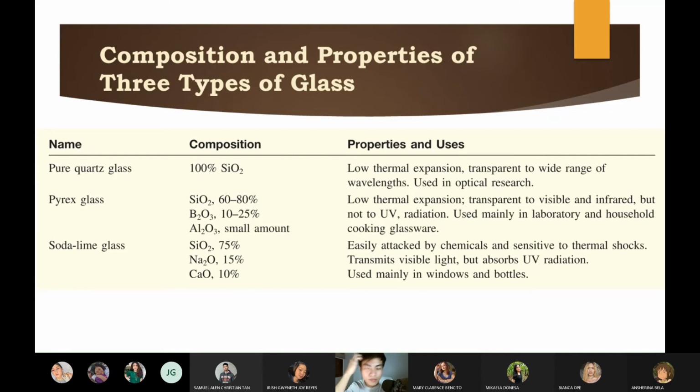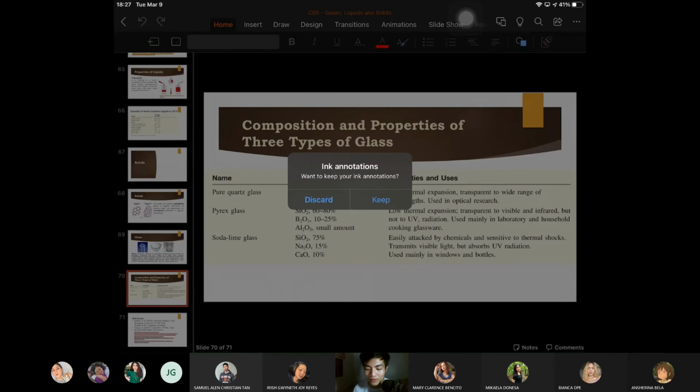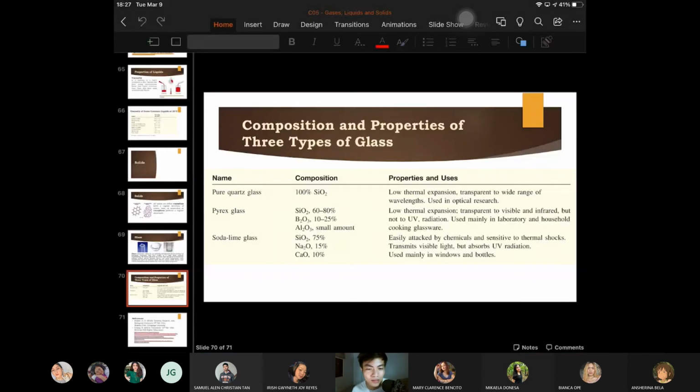Okay? So that will be all for chapter 5. Tapos na tayo sa chapter 5. We were able to cover the idea of kinetic molecular theory. It just says that yung particle natin, when heated, tumataas yung kinetic energy. And the increase in kinetic energy causes the particles to move apart.